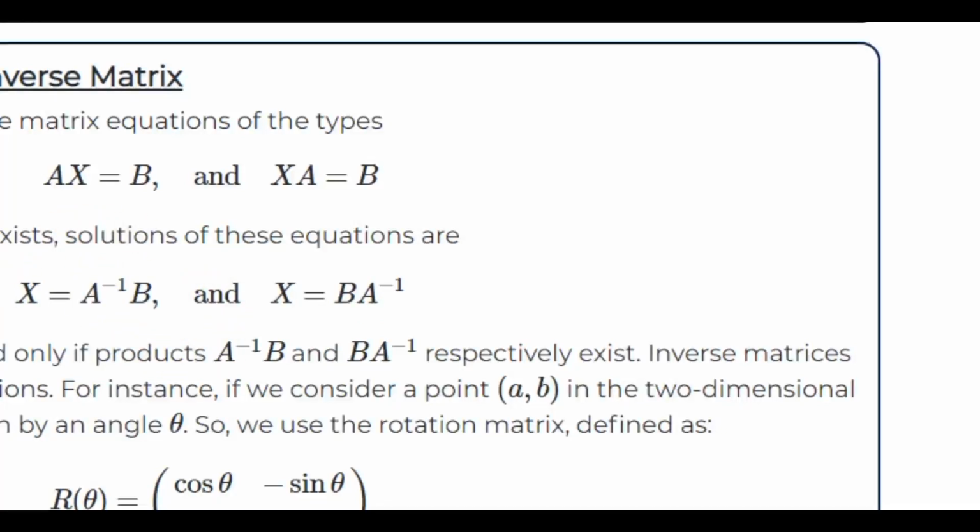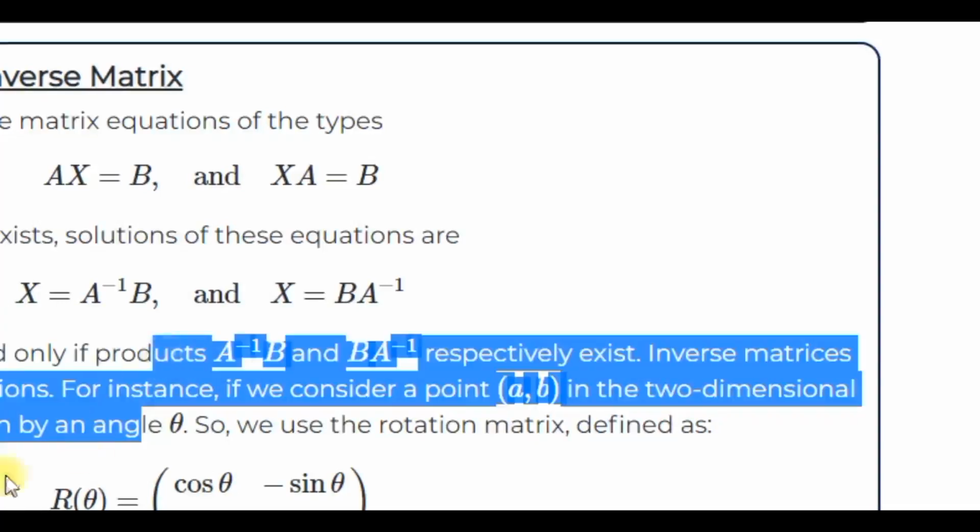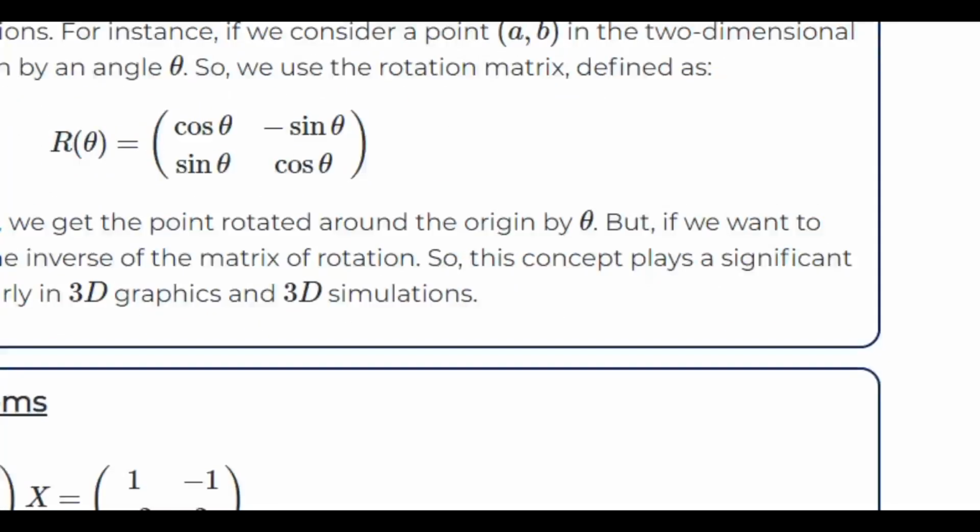The solution of this type exists only if the products A inverse B and B inverse A exist. Sometimes it does not exist. Then we have to calculate another way.